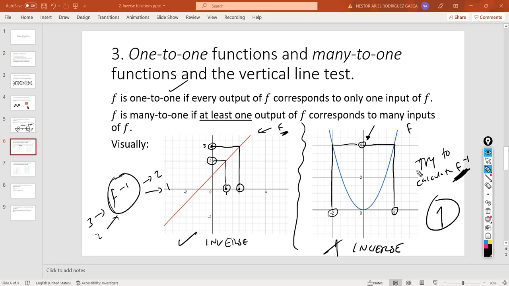So now that you understood that, let's face the other problem. If you want to pick just one of these two as a response of f inverse, how do you decide? Which of these is going to appear as the response at the end of f inverse? So that's the problem. That's why we cannot calculate inverse functions when your original function is many to one.